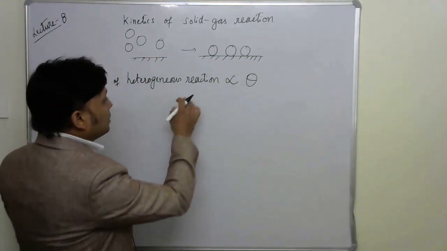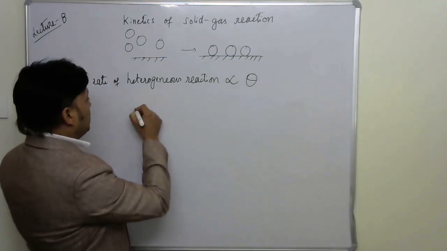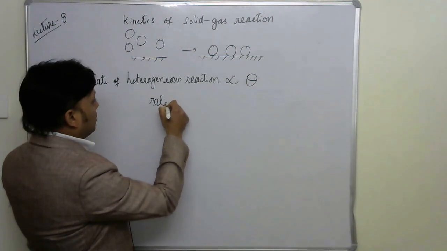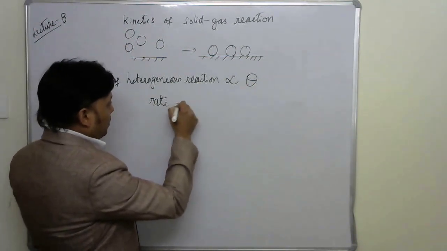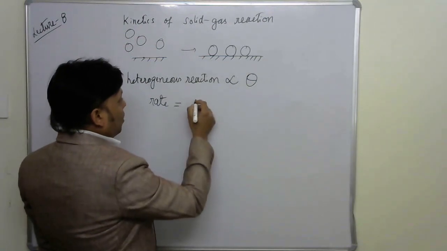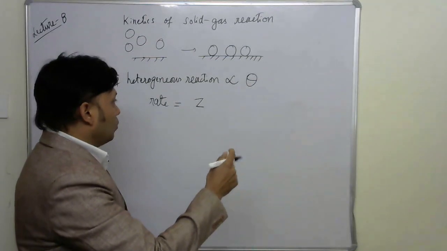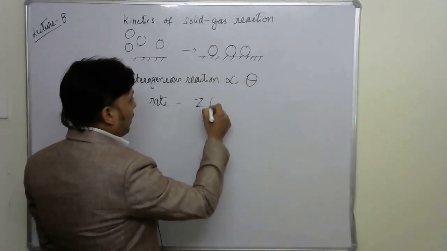Since this is a proportionality relationship, we can write the rate is equal to some constant Z, equivalent to the rate constant, multiplied by theta.